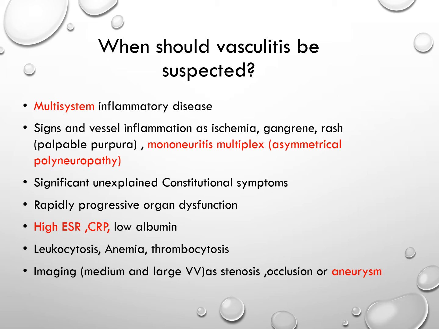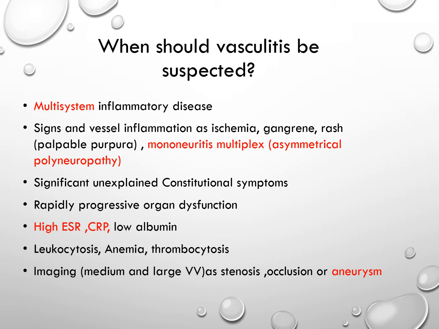So when should we suspect a case of vasculitis? If you have a patient with a multisystemic inflammatory disease, with known constitutional manifestations, high ESR and CRP plus low albumin as part of the underlying inflammatory process, and then an end result of ischemia, gangrene, or rash.